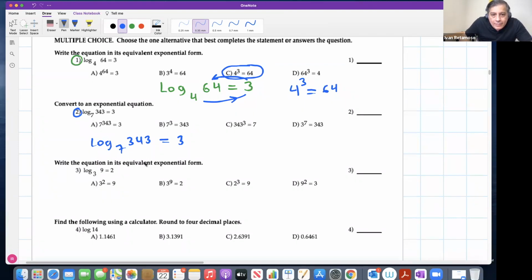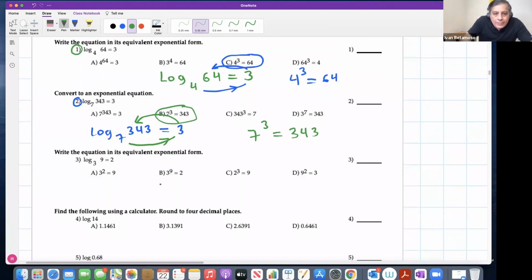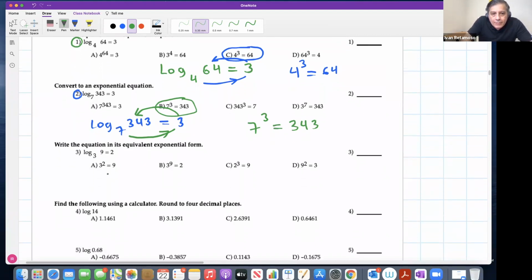Excellent. Snail it: 7 raised to the third power should be equal to the argument of the log, 343. So 7 raised to the third power is 343. So therefore, we're talking about this. Excellent. This one I leave for you to do at home.